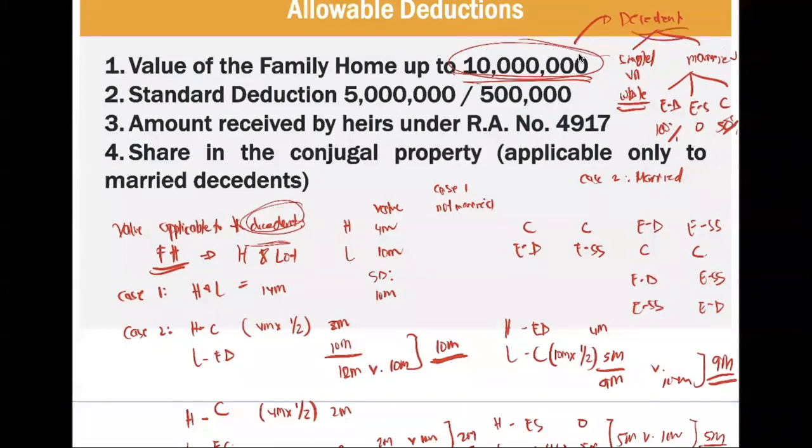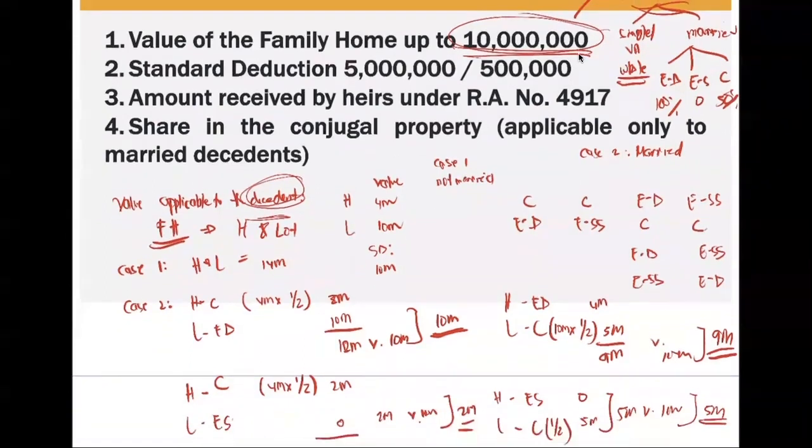How to compute? If single or unmarried, you get the whole amount. If married, exclusive of the decedent, 100%. Exclusive of your surviving spouse, none. If it is conjugal, 50%. Exclusive decedent, 100%. Exclusive surviving spouse, 0.